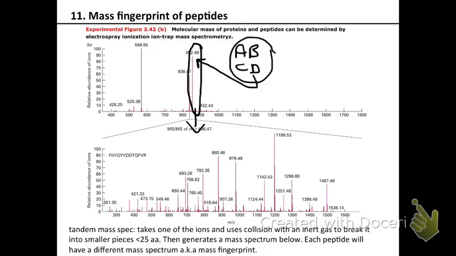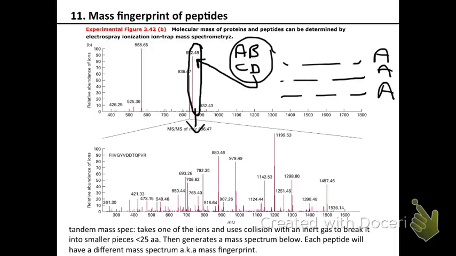So what happens is that if you have a protein A that this mass spec has detected, it takes that and randomly breaks it into smaller fragments. Because you have multiple protein A's, hopefully, in your sample, you're going to have different peptide fragments coming from that protein.